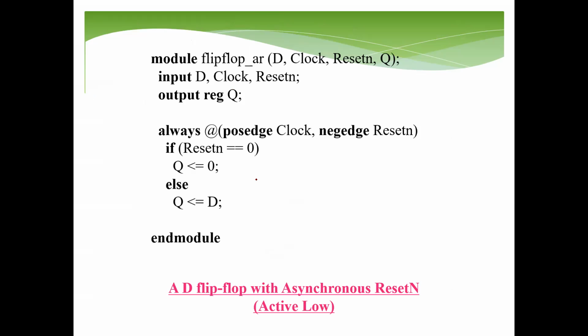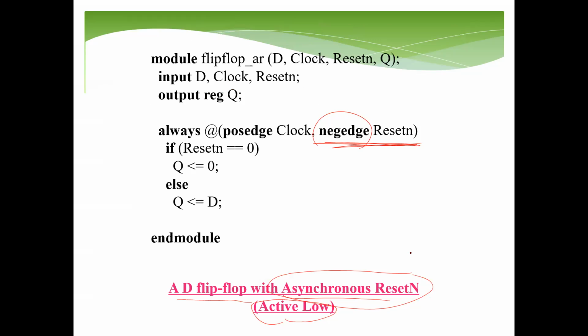Okay. Now the next few slides are just a repetition of the code that was mentioned before. This is a D flip-flop with asynchronous reset. If it's asynchronous, you have to put the reset in your sensitivity list. Depending on whether the reset is active low, you're going to use negative edge. If you're using active high, it's not here.